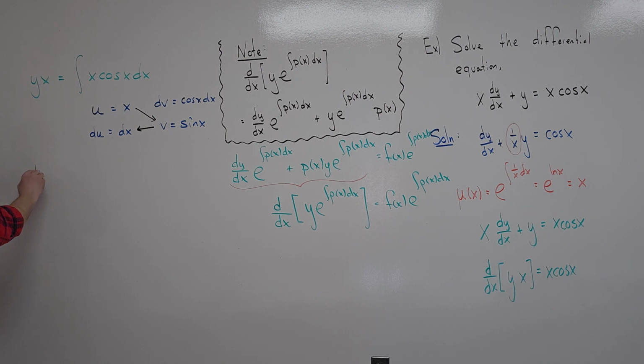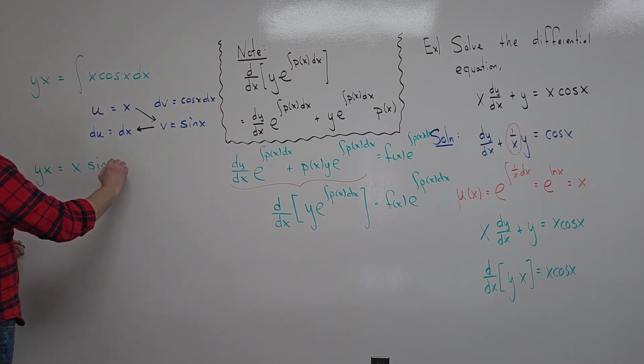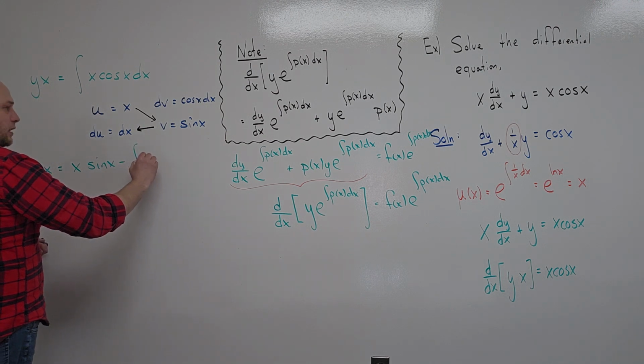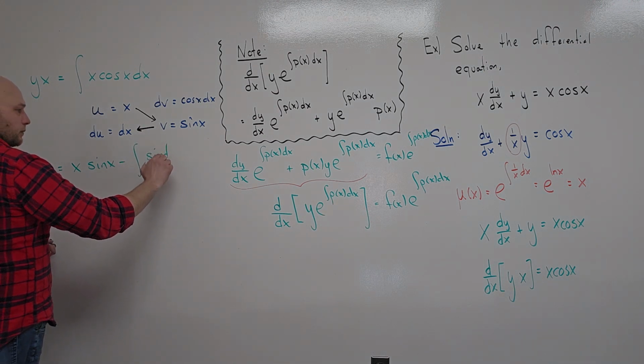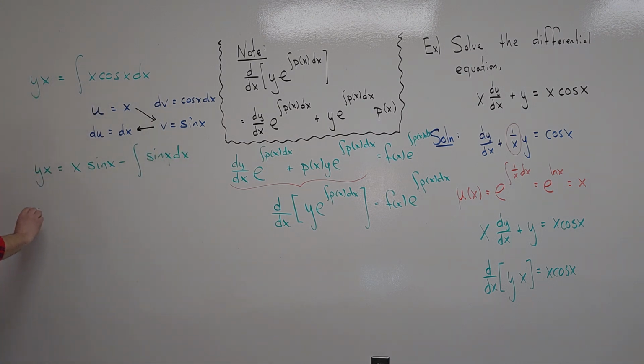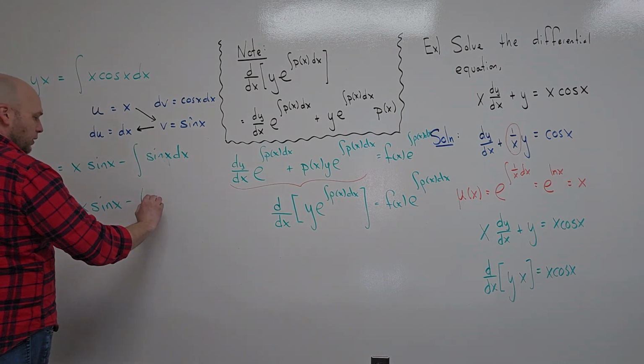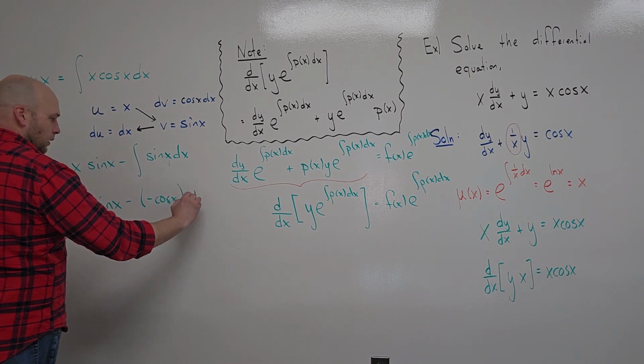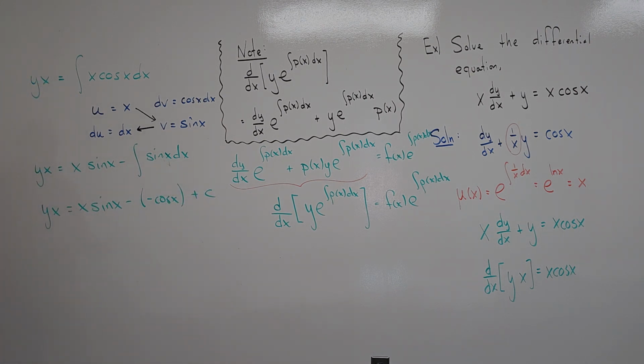So here's what we have so far: yx is equal to uv, so x sine x, minus the integral of v du, so sine x dx. Then yx would be x sine x minus the antiderivative of sine, which is negative cosine, and we put a plus c there since that's an indefinite integral.